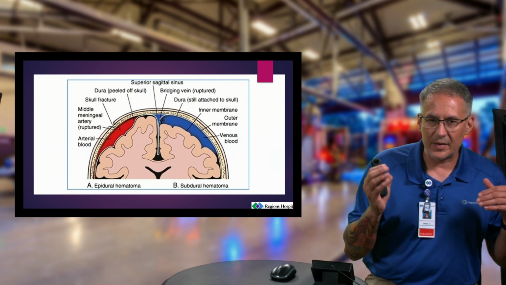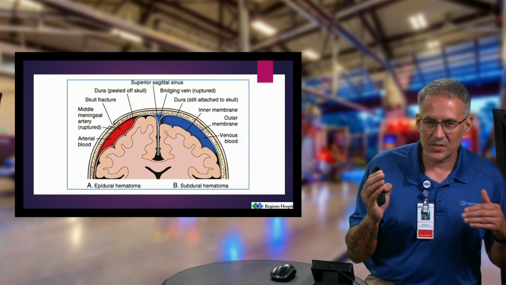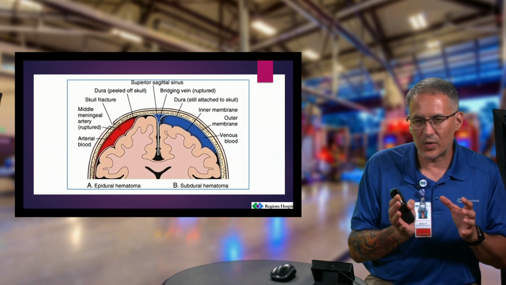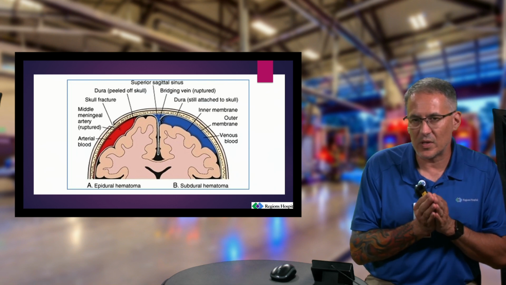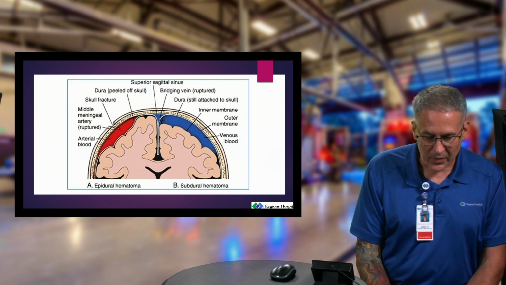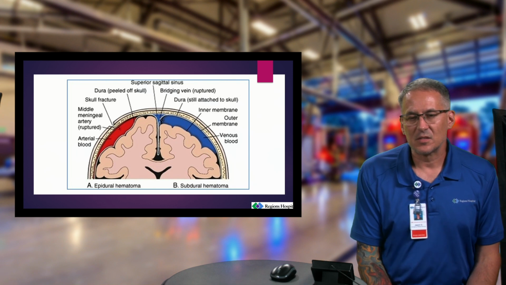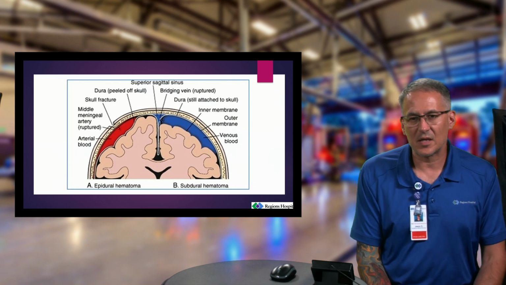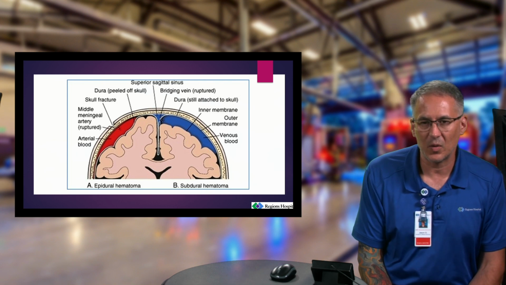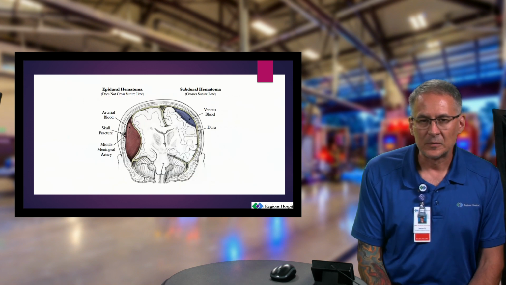But that dura is in essence connected to the skull, and so for it to continue to spread, it's going to be really pretty confined. With the subdural, that's not the case. It's underneath that barrier. It's got access to the brain itself. It can really fill that area up and provide a lot of pressure.